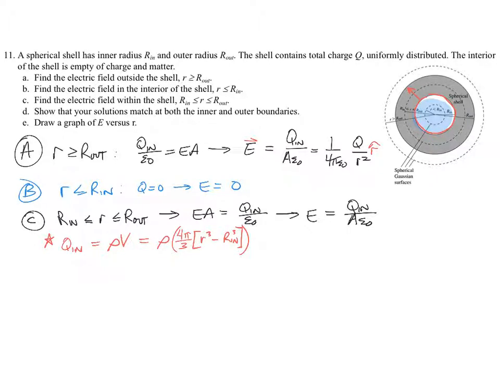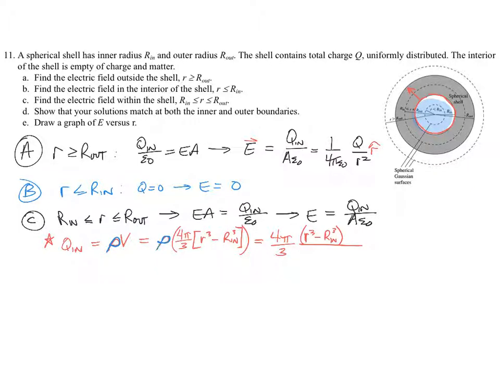And so what I want to do is kind of change colors here in a second to deal with that. So I'm going to write what we have. We have 4 pi over 3, and what we're going to have in the numerator is what we just wrote, this r cubed minus big R sub in cubed. But now I'm gonna change up colors here.